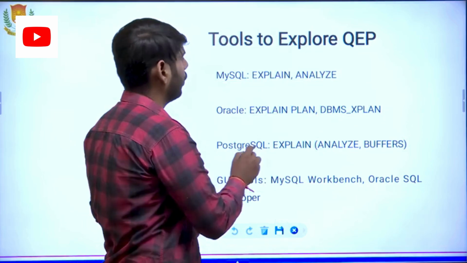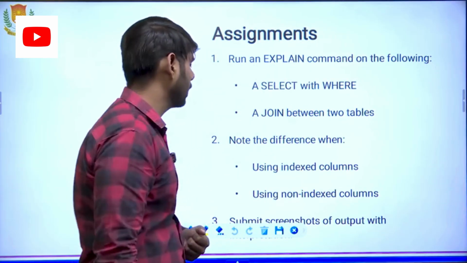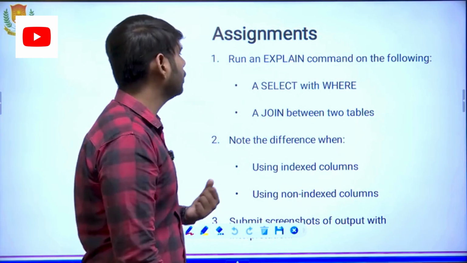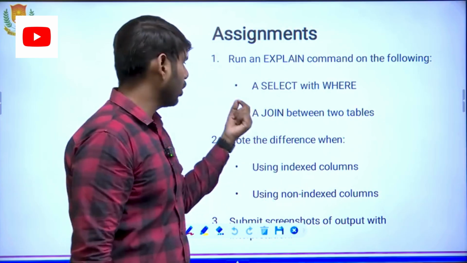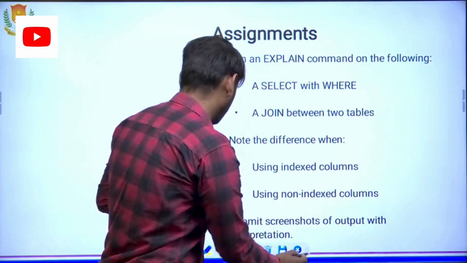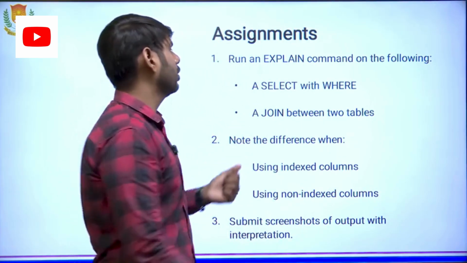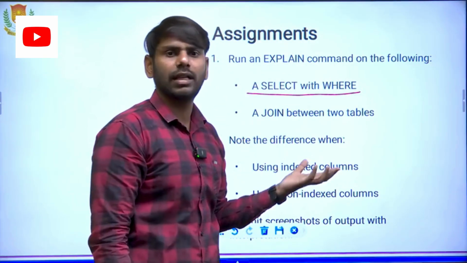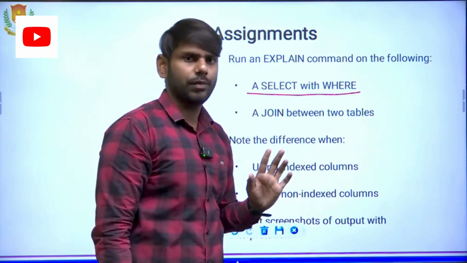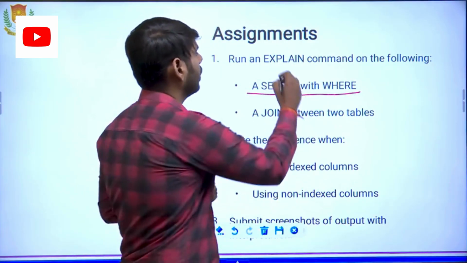Now this is the time for your assignment. First, run an explain command on the following. I have given you two conditions: first you have to use a query in which you have used the select clause with a where clause. So this is your explain command.